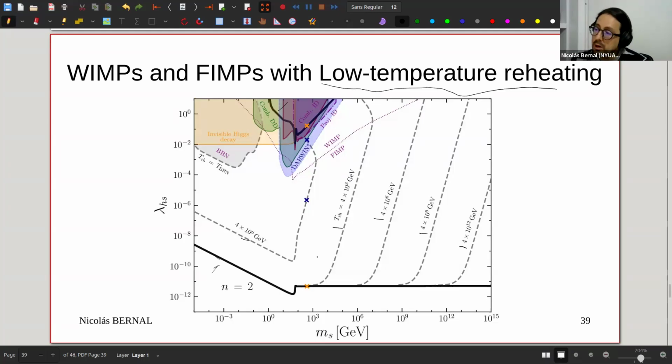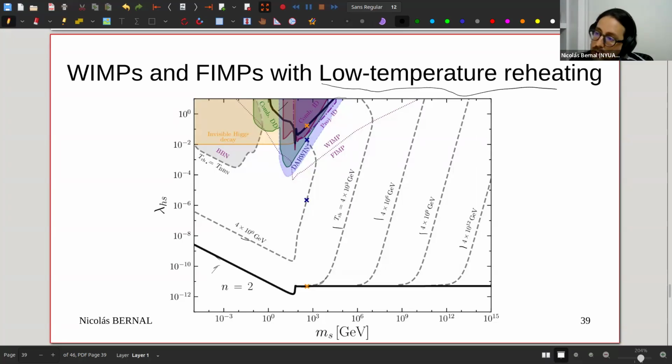However, if you decrease the reheating temperature, you can continuously go from one to the other. For instance, in this case of 4 TeV, sorry, you can continuously go from one to the other, right? So if you have, for instance, this T reheat, this will be the line that fulfills observations, right?